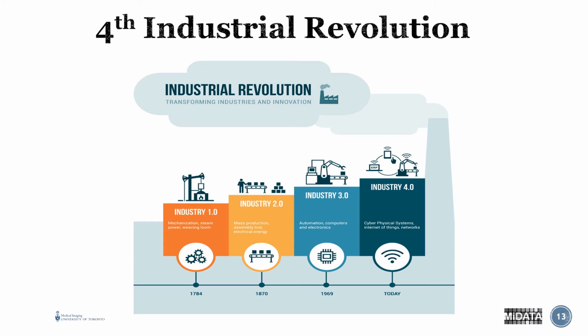And then in the 1800s, you moved on to what was called mass production, assembly lines, electrical energy. So that one, that's Ford, right? The Ford Model T, right? That classic assembly line. And then we move on into the 60s. Now I'm alive.